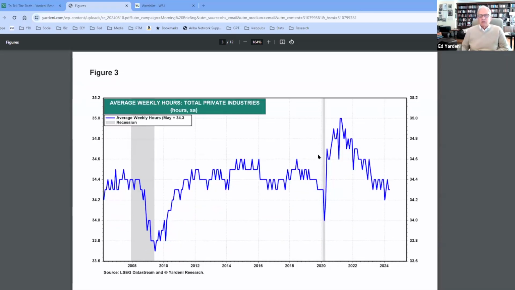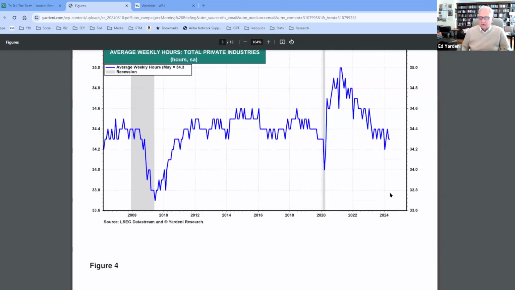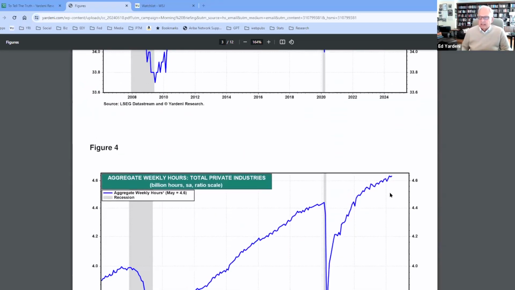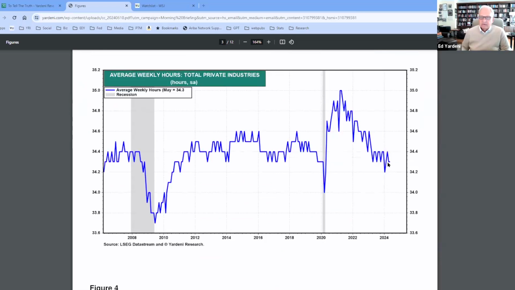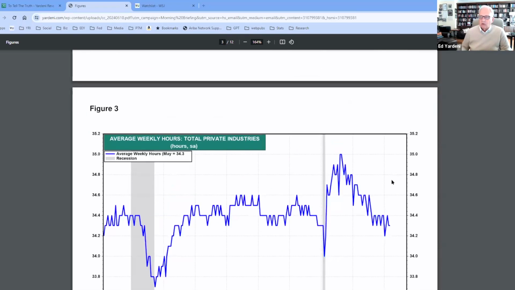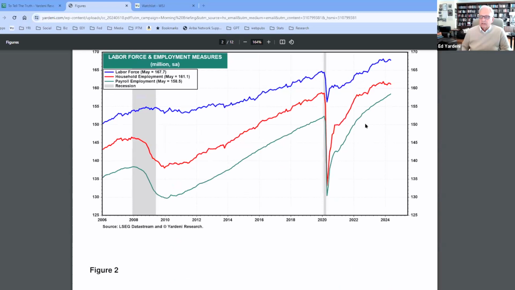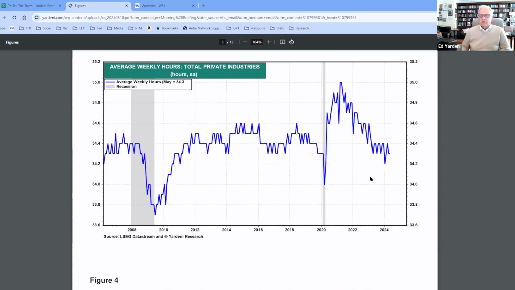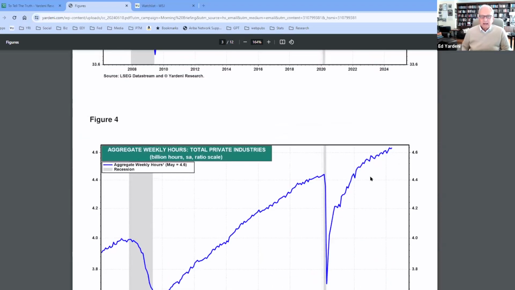But going back to payroll employment, here's the average weekly hours worked, and that was flat. You can see it's been zigzagging without any trend here. When we take that zigzag of average hours worked and multiply it by payroll employment, which was that number over here, we get aggregate hours worked on a weekly basis.